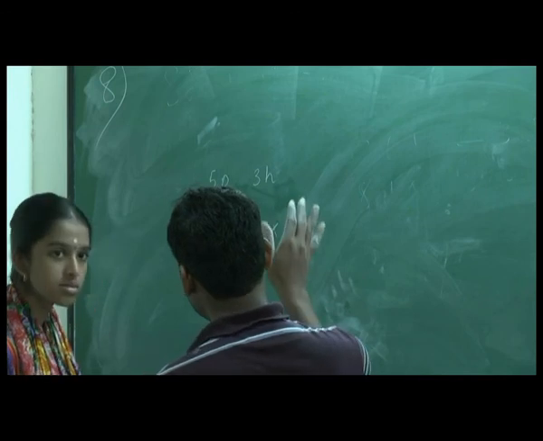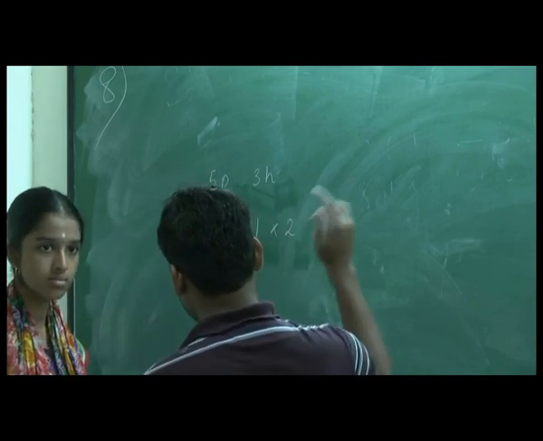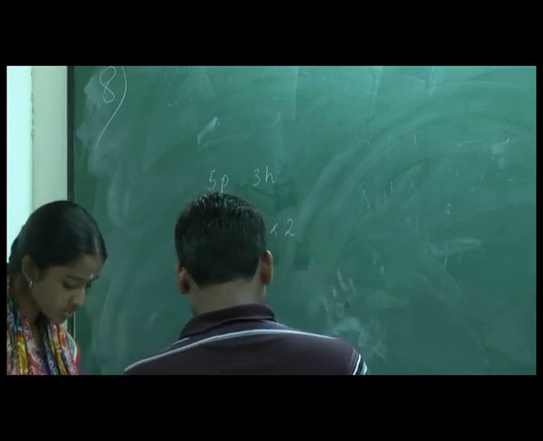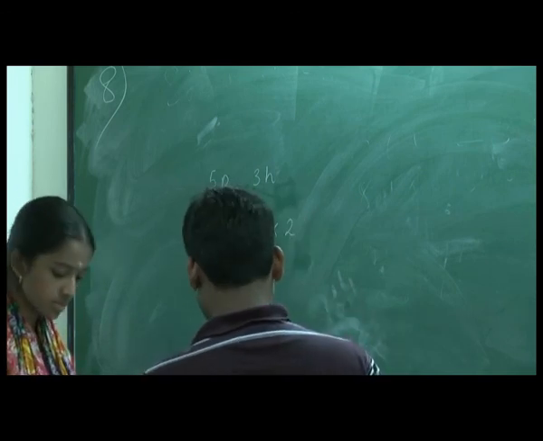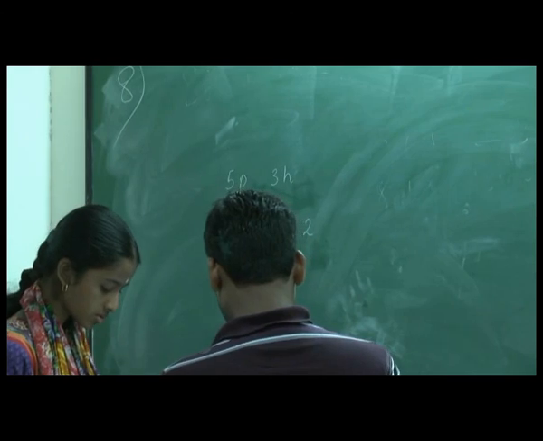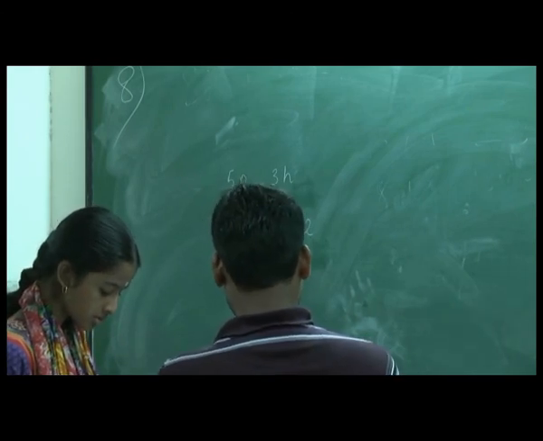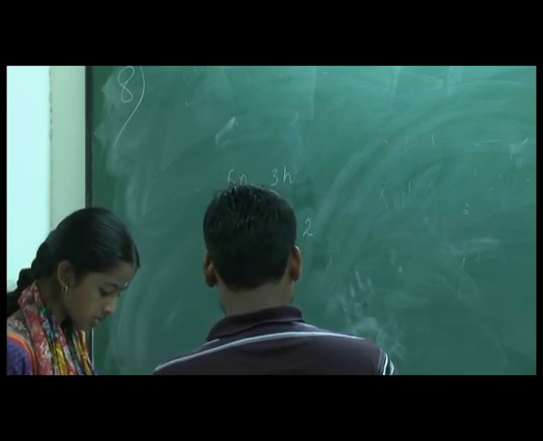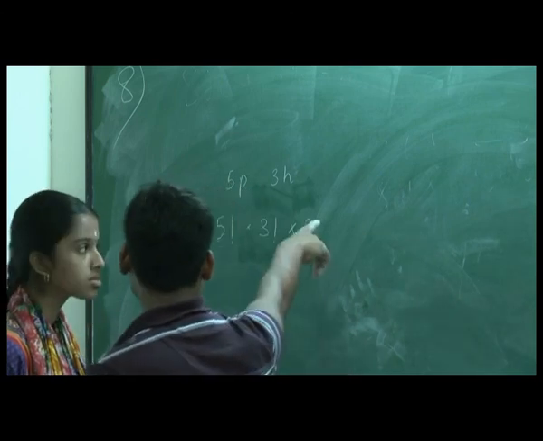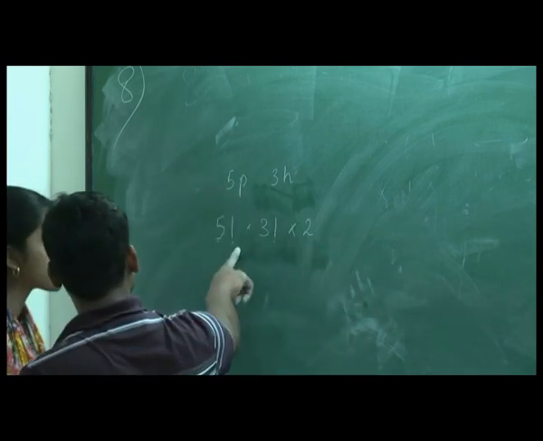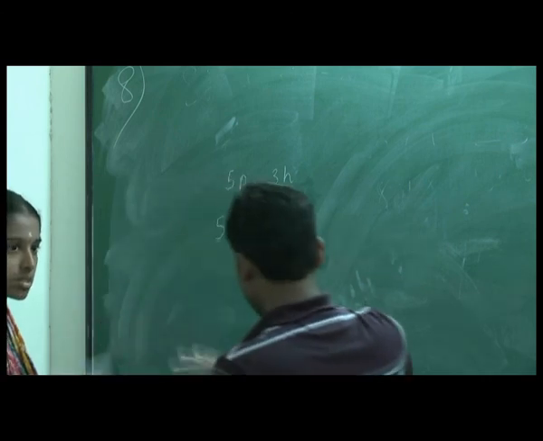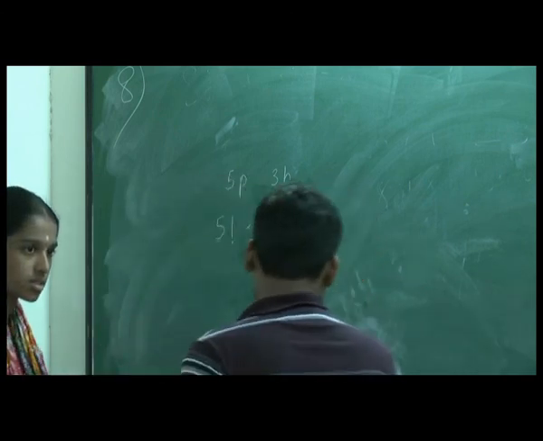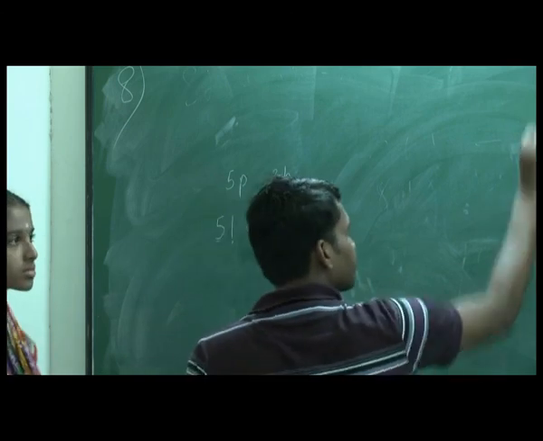So you have to arrange this on the shelf. You have 5 paper bags and 3 hardcovers. The paper bags will be arranged in 5 factorial ways, the hardcovers in 3 factorial ways, and the groups can be interchanged.